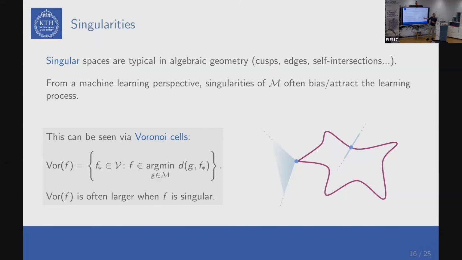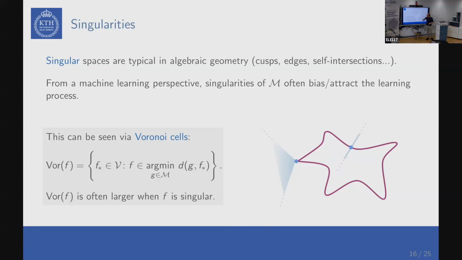Okay, so if I take this point, which is a smooth point, it's not a singularity, the Voronoi cell is going to be contained in the orthogonal line, orthogonal to the neuromanifold passing through that point. But if I take a singular point, so this cusp, the Voronoi cell is this whole cone.